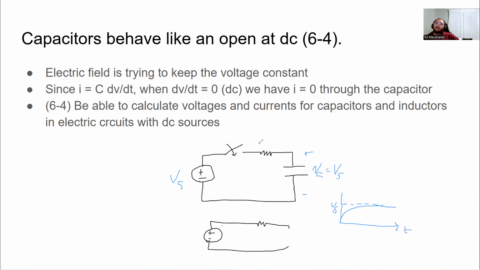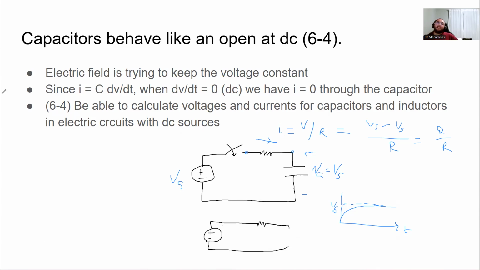And by Ohm's law, we know that the current through that resistor is V over R. And if the voltage at this end of the resistor is Vs, and the voltage at this end of the resistor is Vs, and we take that over whatever the resistance is, that's just zero over R, which is zero. So again, at some point, the current through this capacitor becomes zero at DC, which is why, for the sake of analysis, we can just consider this to be open circuited.